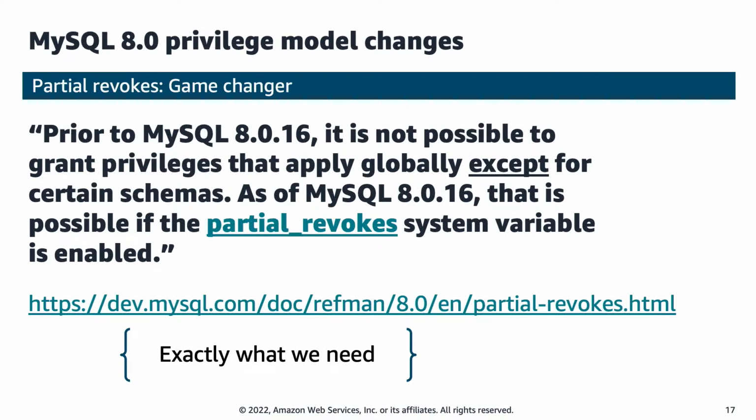Partial revoke is, starting in 8.0.16, we have a possibility to grant everything except. And then the except will be the MySQL system database, because we don't want our users to mess with the MySQL system databases and do bad stuff.